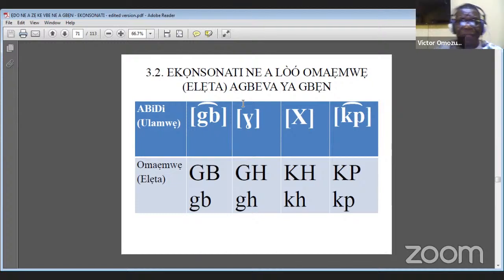And there was one of our teachers in the secondary school in those days, because the English language doesn't have gb as a single sound. They will pronounce it separately as if there are two different segments.